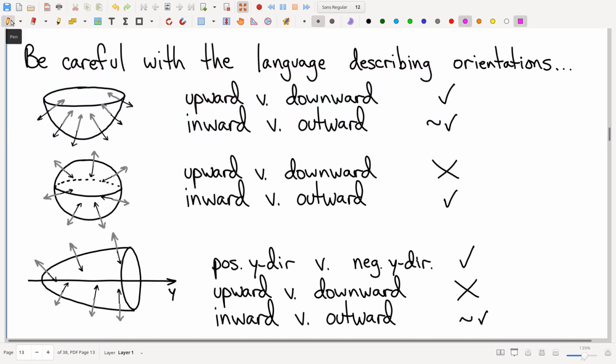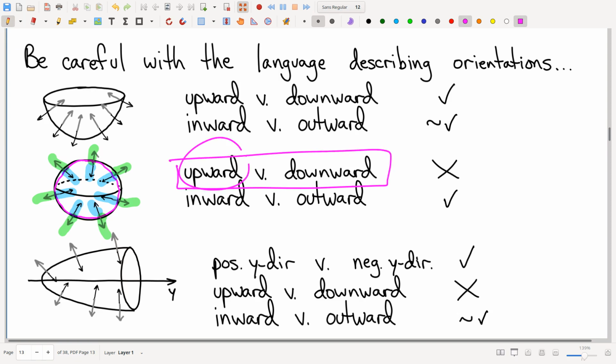So, for example, if we look at this surface here, then again there's two possible orientations. Again, I'm going to use colors for convenience. There's what you might call the blue option, and then there's the green option. And you know what? Upward versus downward here would be a pretty bad choice of words, wouldn't it? If I were to say upward, which one of these orientations is upward?